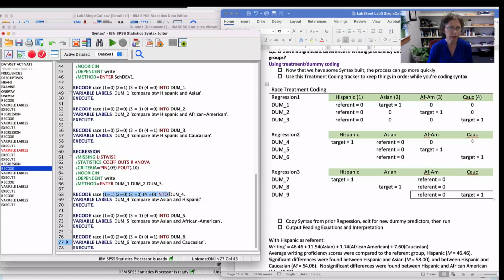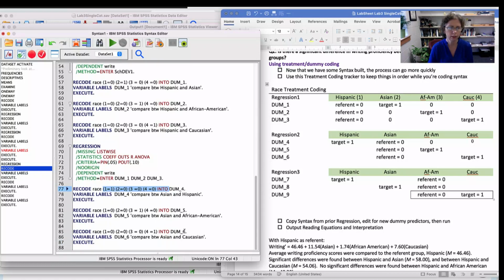So I have here for DUM4, my target is Hispanic, my referent, number 2, is Asian, and then everyone else is 0. For DUM5, my target is African American. So that looks good. 0, there's my referent, there's my target, there's 0, and that's between Asian and African American.